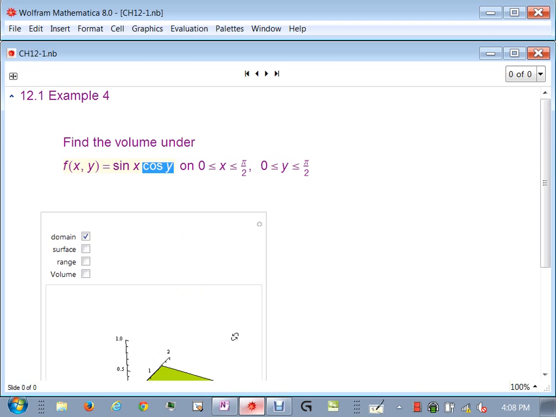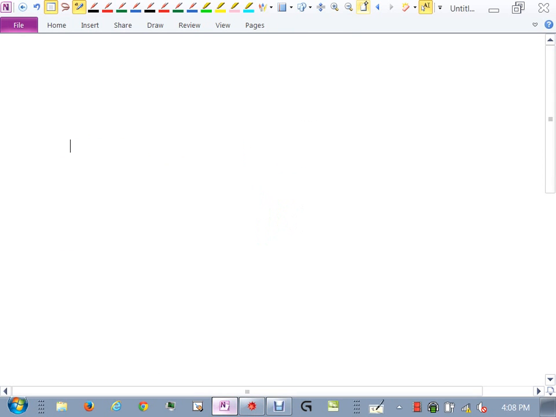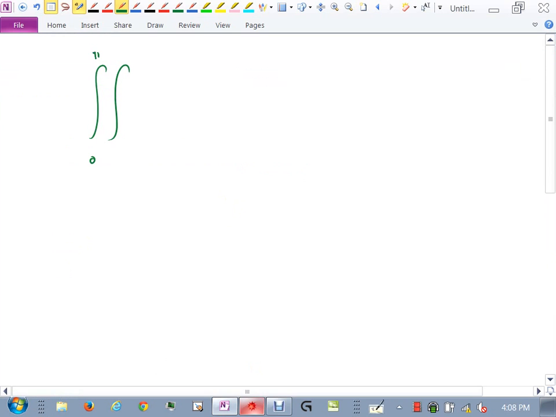Well, because of that, what I can do is take my double integral, 0 to pi over 2, 0 to pi over 2, of sine x cosine y dA, and it really wouldn't matter what order that's in.